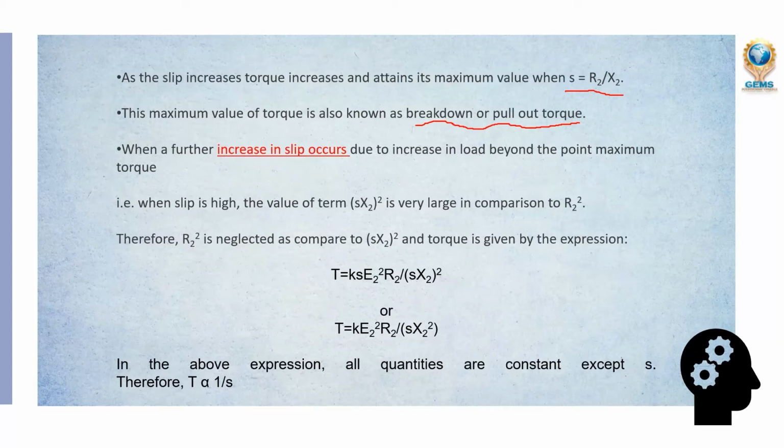So we can neglect the R2 term, and we can write the torque equation like this: T equal to K S E2 square R2 divided by (S X2) whole square. According to this equation, S square will be there in the denominator and S in the numerator, so if you divide by S square and S, the S will be cancelled.